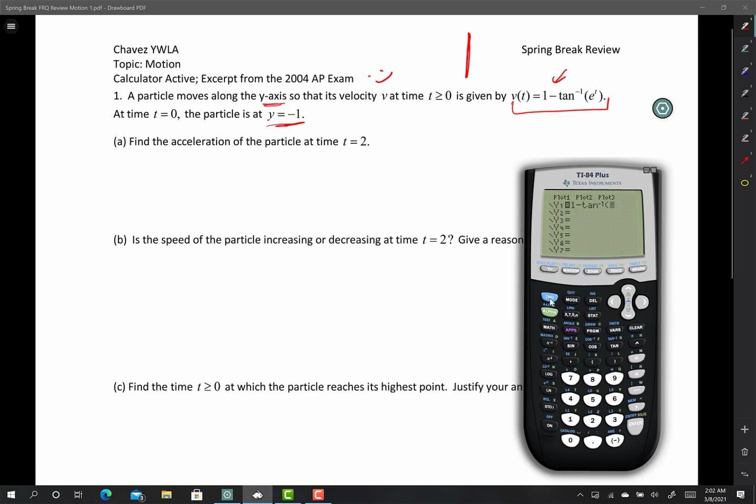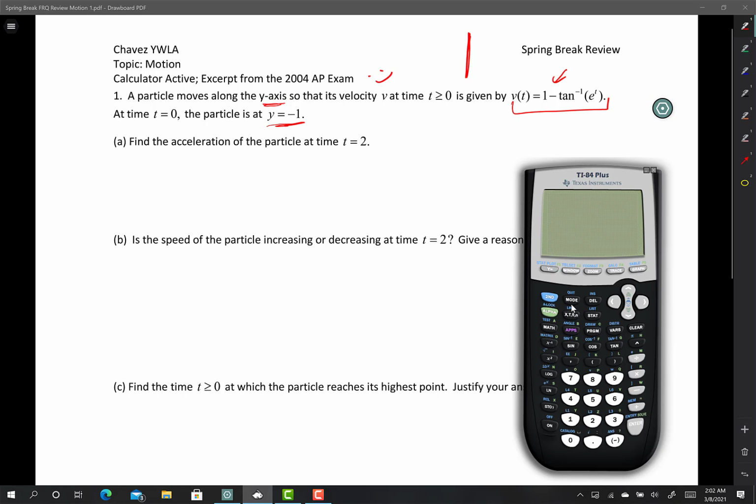The e is in blue where the ln is, so I push the second button, E, and then the X. Just in case, I'll click on mode and make sure I'm in radian, and I am. Let's go back to y equals. There it is. I've got it in y1.